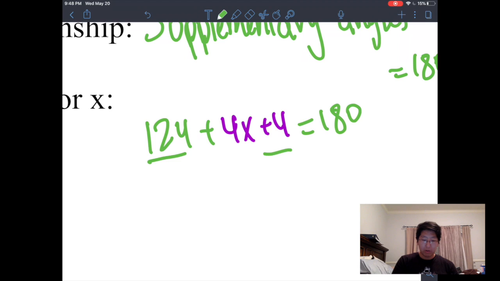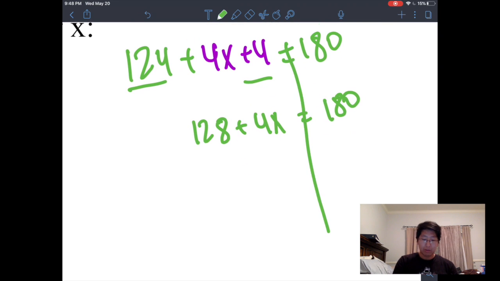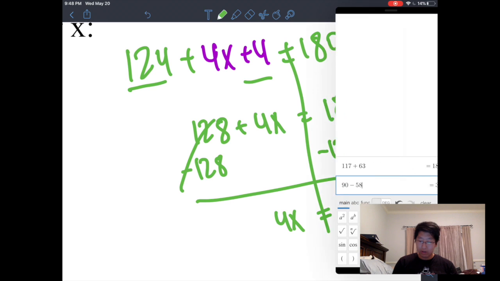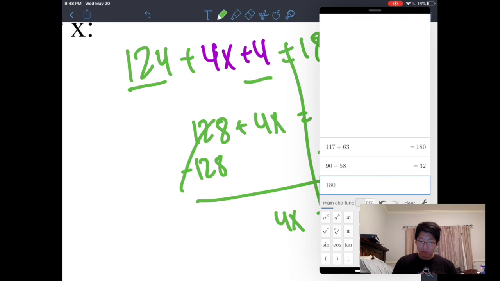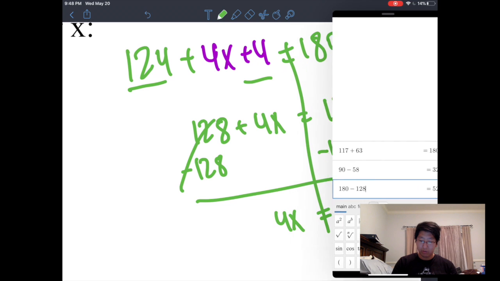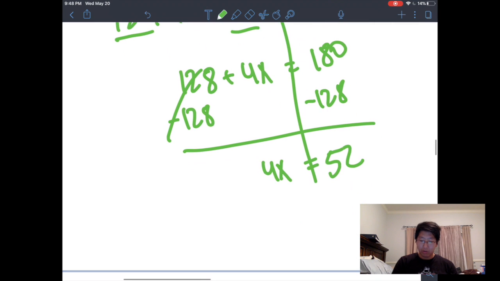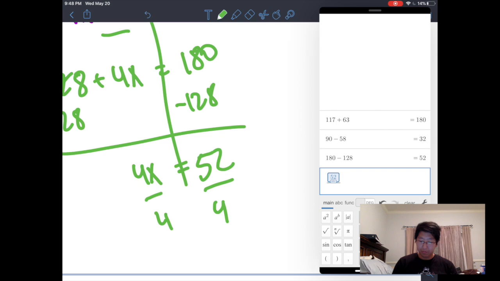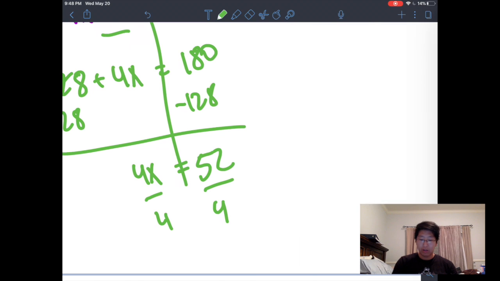I'm going to combine these two. 128 plus 4x equals 180. Get x by itself. 128 minus 128. 4x equals 180 minus 128, and I get 52. Divide both sides by 4. 52 divided by 4, and I get the answer 13. So x equals 13.